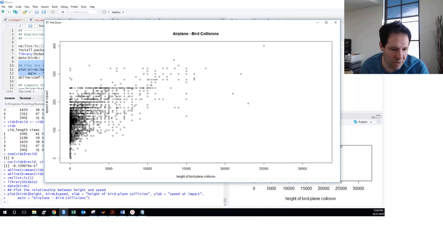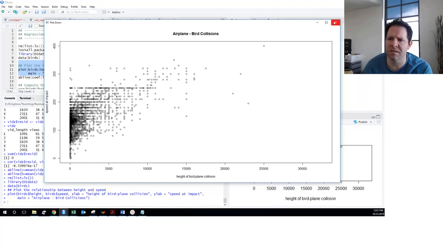When you're on the ground, it's actually pretty likely, especially when you're taxiing or taking off. These planes get going pretty fast. There are quite a few observations here at 0, 0, where the plane is just sitting there and the bird whaps it, or the bird gets sucked up into the engine, and these things have to get reported for maintenance purposes.